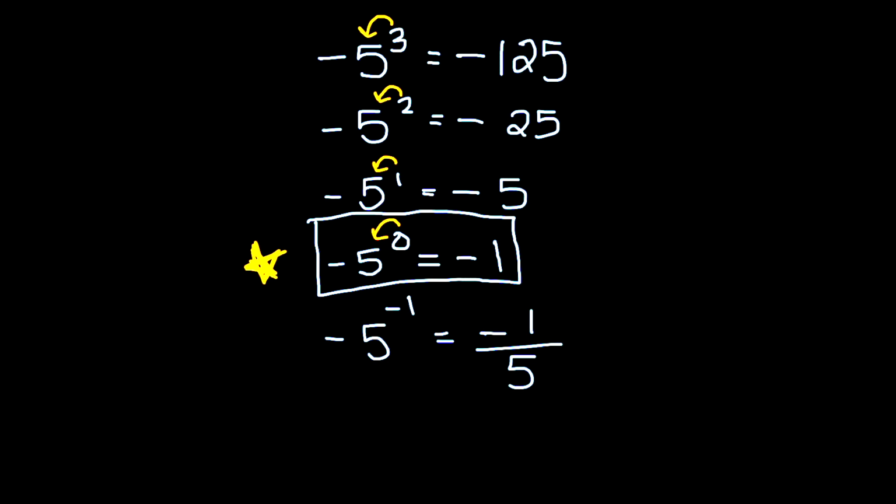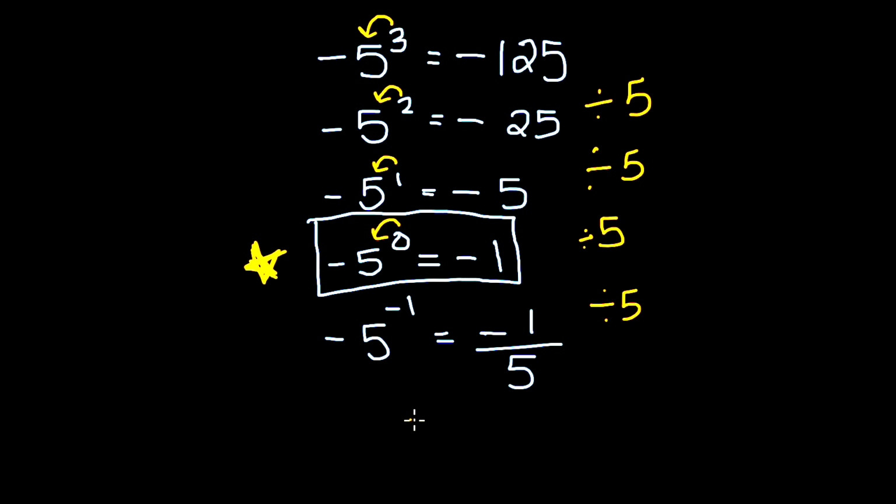I guess I should show you the pattern again, right? How did we get from -125 to -25? We divided by 5. -25 to -5, divide by 5. -5 to -1. You guessed it. -1 to -1 over 5, divide by 5.